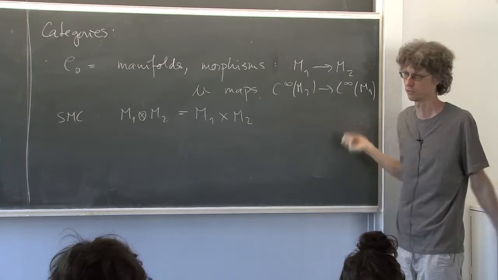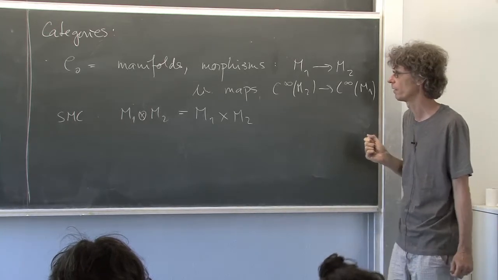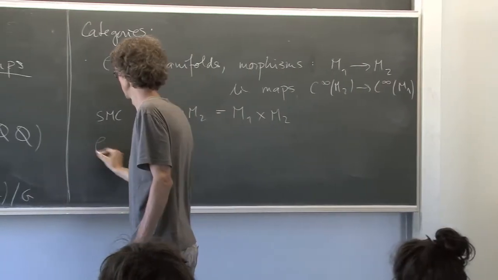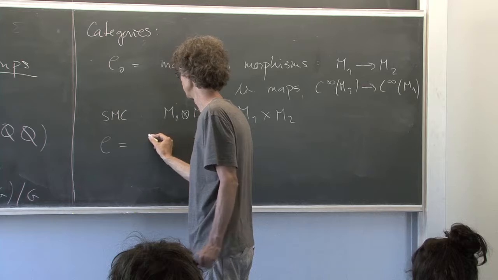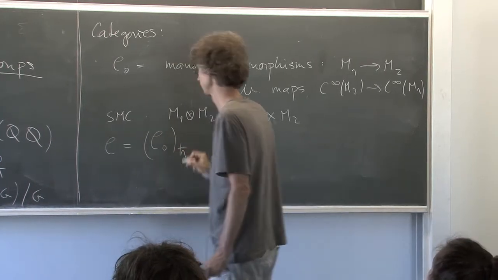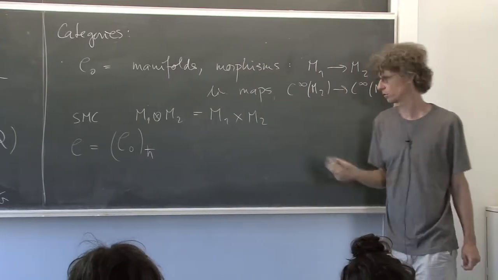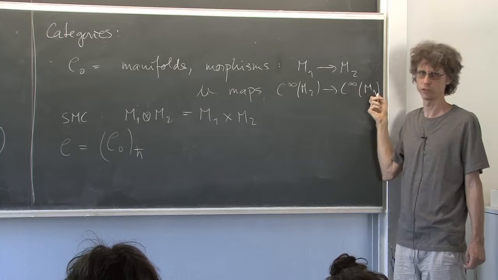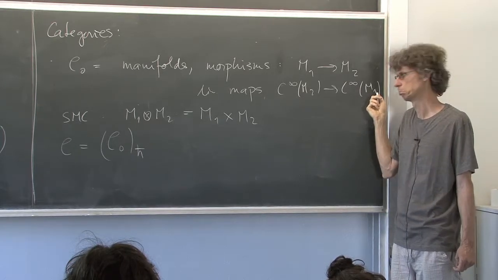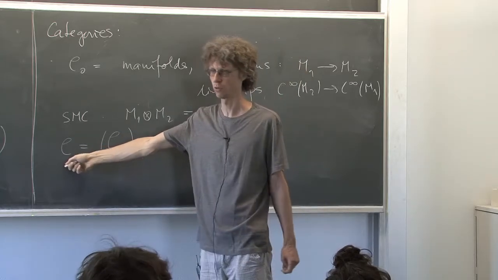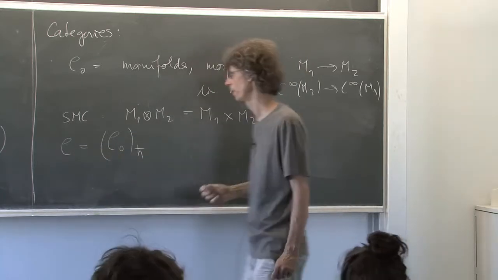But yes, this is how it's a symmetric monoidal category. And okay, C is going to be C0 with h bar. That means morphisms are going to be also formal power series in h bar on top of this. So that's where we're going to find our Hopf algebra.